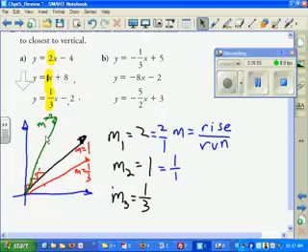I wouldn't ask whether it's vertical or horizontal because it's neither. It's in between somewhere. What it's asking for is which one's closer to being vertical. So that's the order of it right here. Closest to horizontal is this one, followed by this one, and then most vertical.